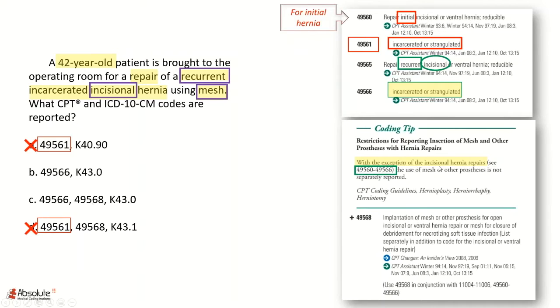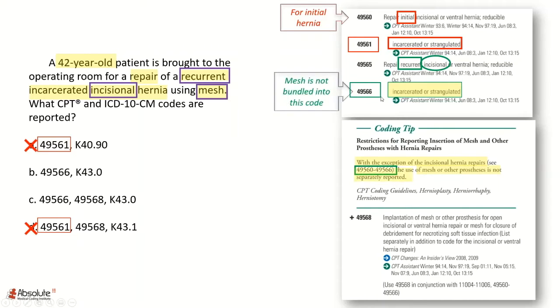With the exception of the incisional hernia repairs, we're going to see codes 49560 through 49566. The use of mesh or other prosthesis is not separately reported, with the exception of those codes. So we need a code for that mesh.